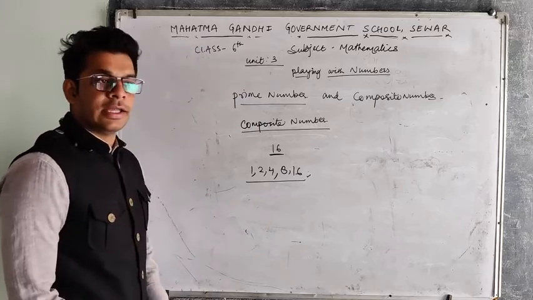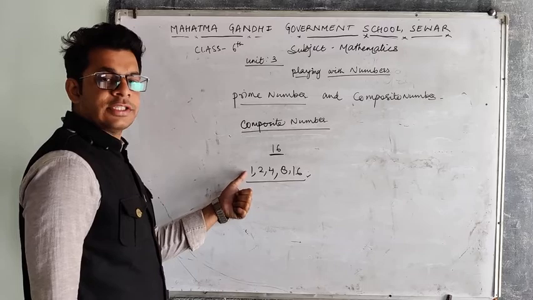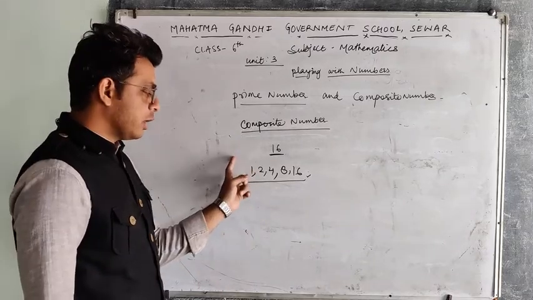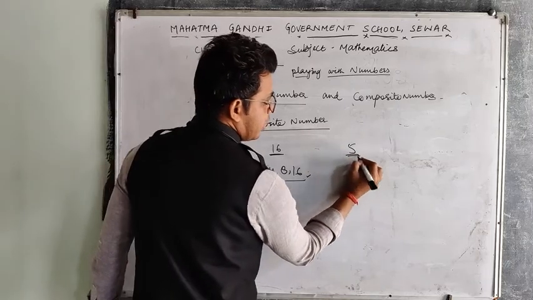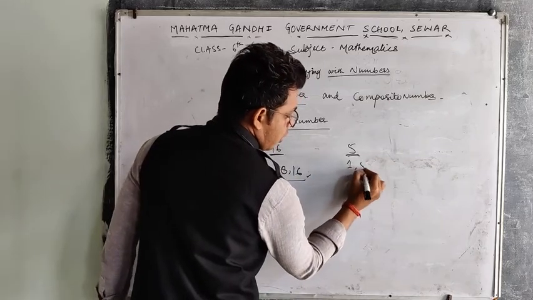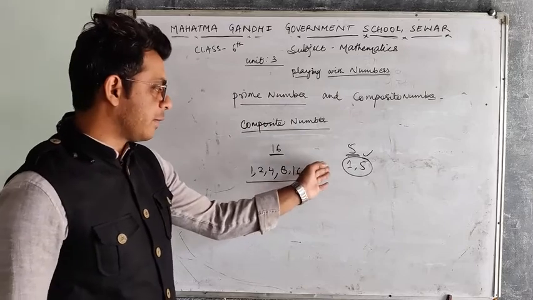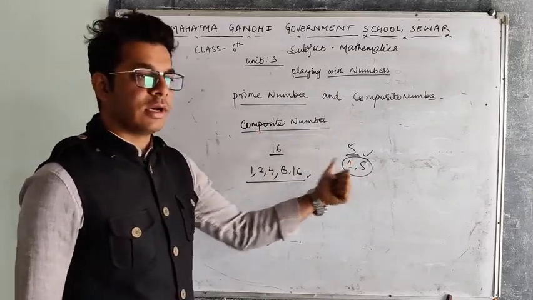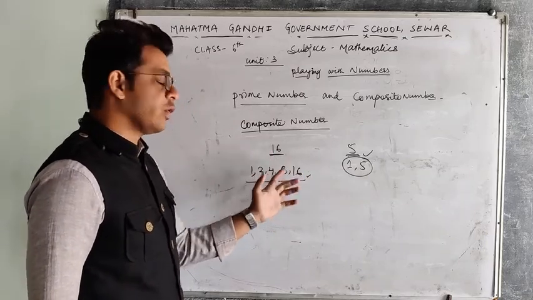So any number which has more than two factors is composite. If we talk about 5, it only has two factors, 1 and 5, so it's a prime number. Any number other than a prime which has more than two factors is called a composite number. So 16 has 5 factors: 1, 2, 4, 8 and 16.